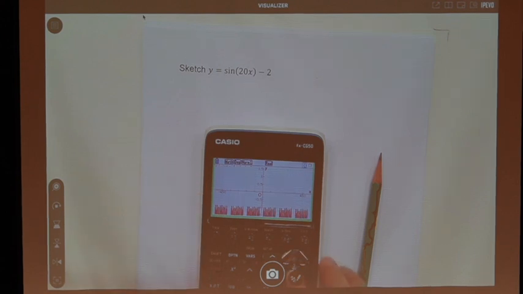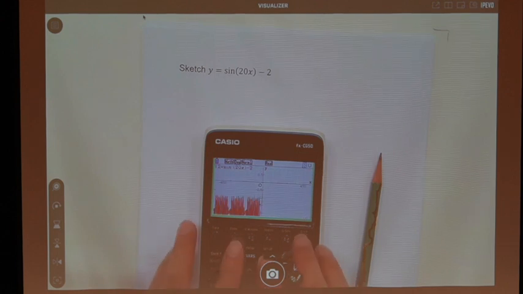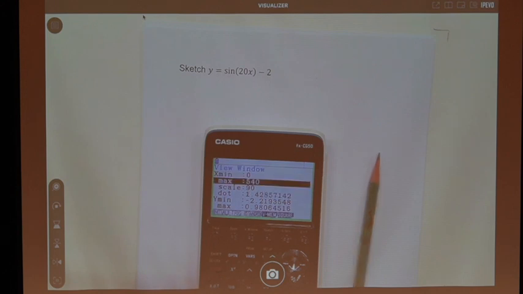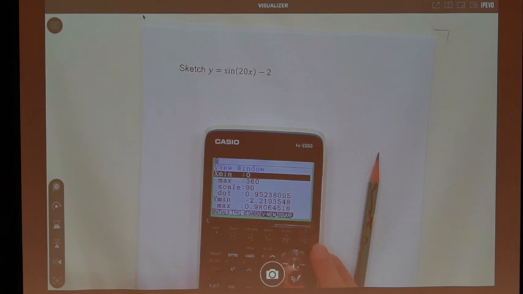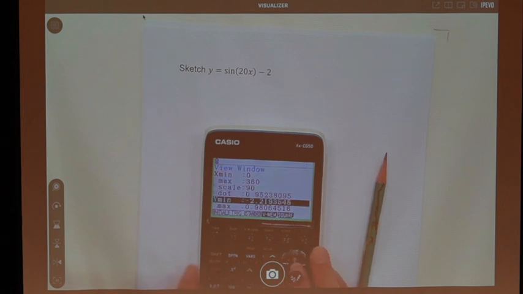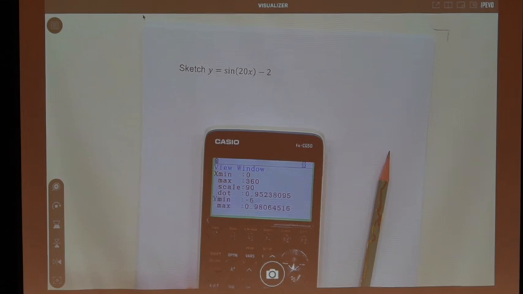Okay, it's still down there, so you're going to play around with that again. That is the time you play around with the maximum, minimum, and so on. That's a bit too much.